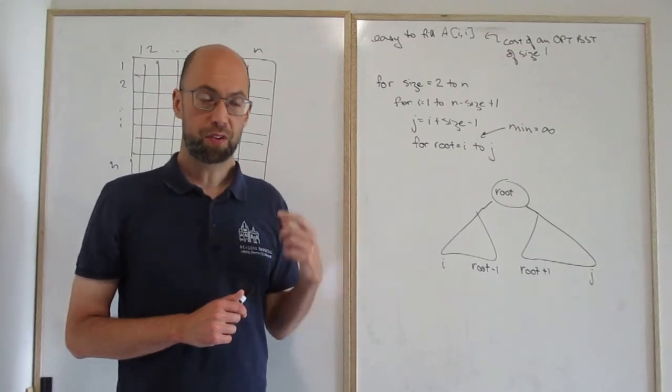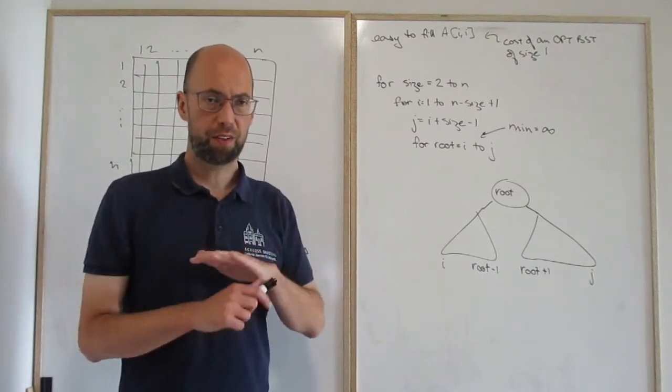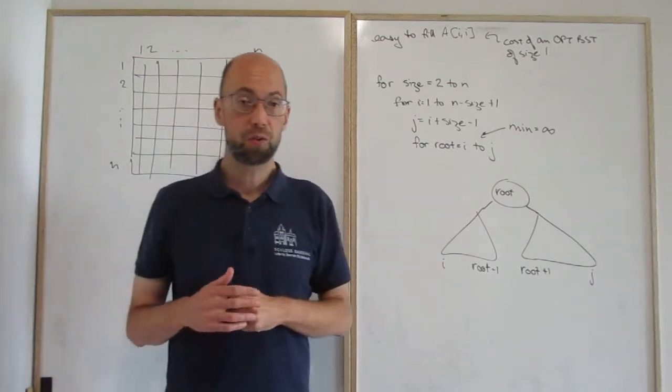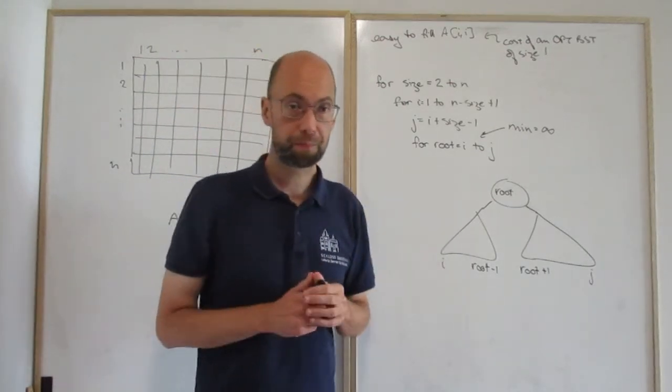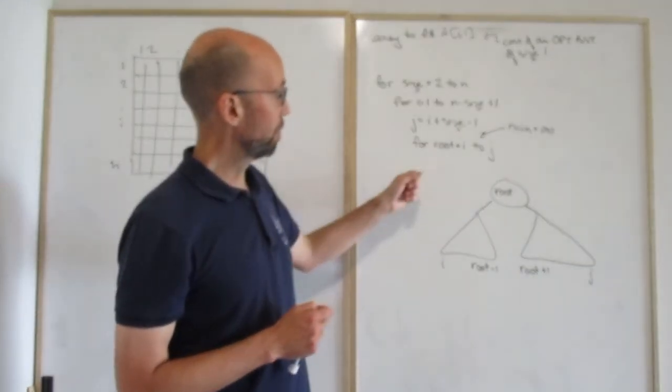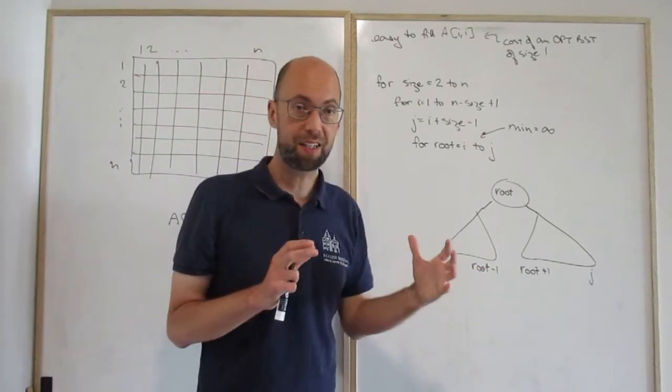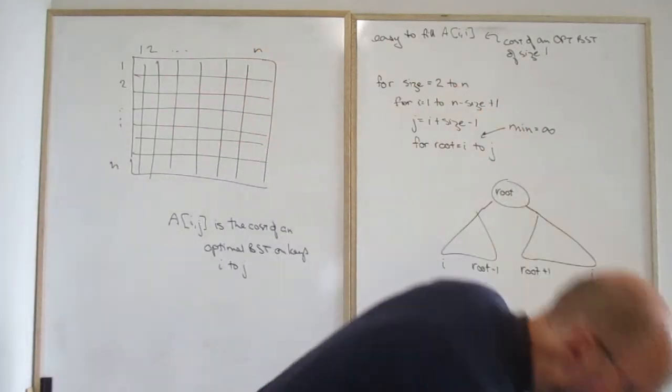So now I think in this case what you have to use is an observation. There's this fairly simple algorithm here, which is cubic time, and then Knuth made this observation.